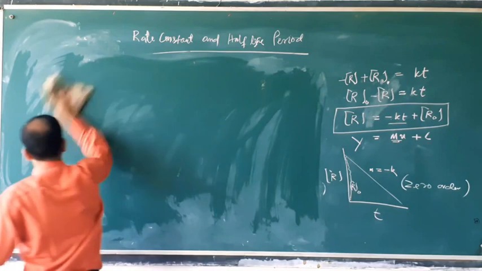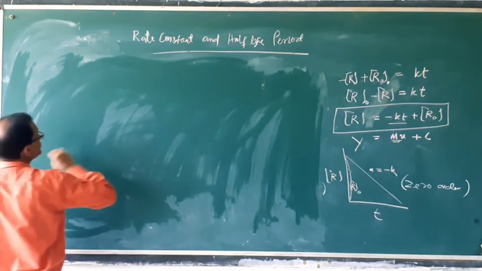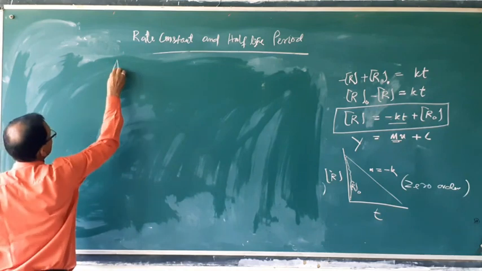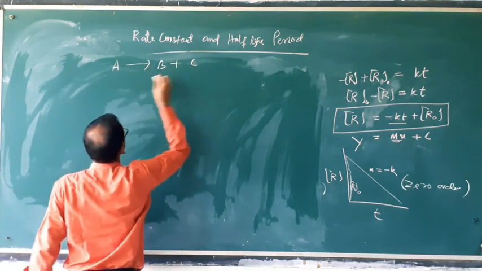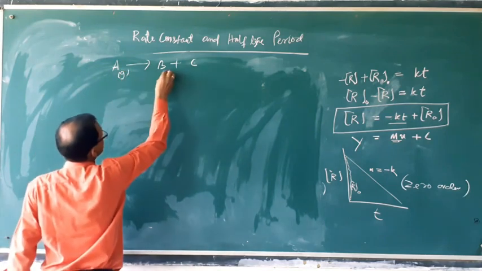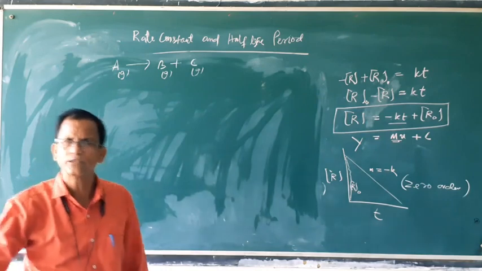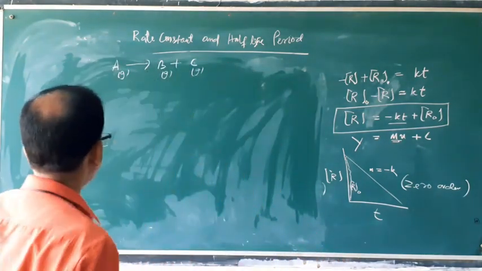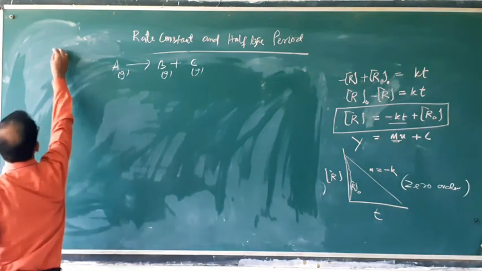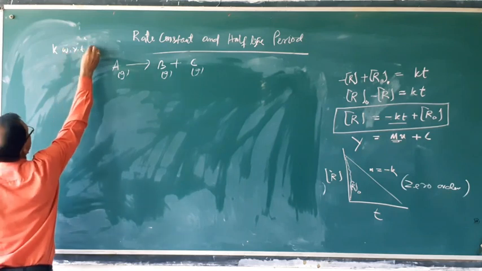Here you see, let the reaction be like this. Suppose reaction A changes to B plus C. All are gases. Now we are converting the expression of k in terms of pressure. Expression of k with respect to pressure.